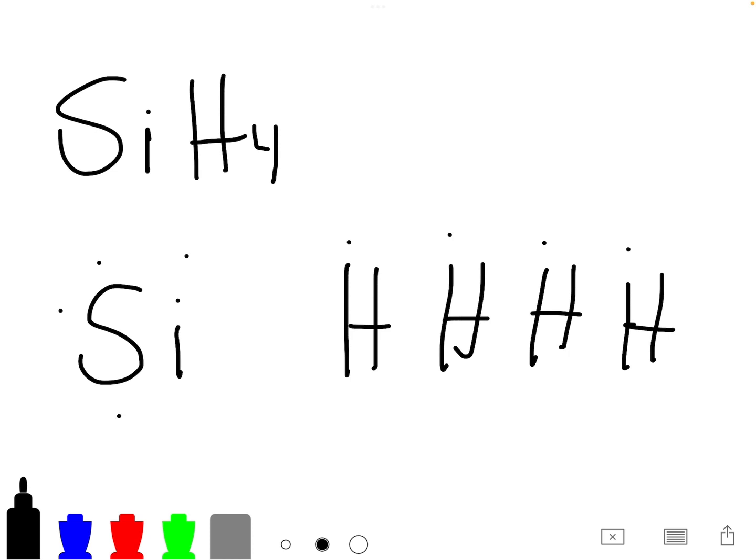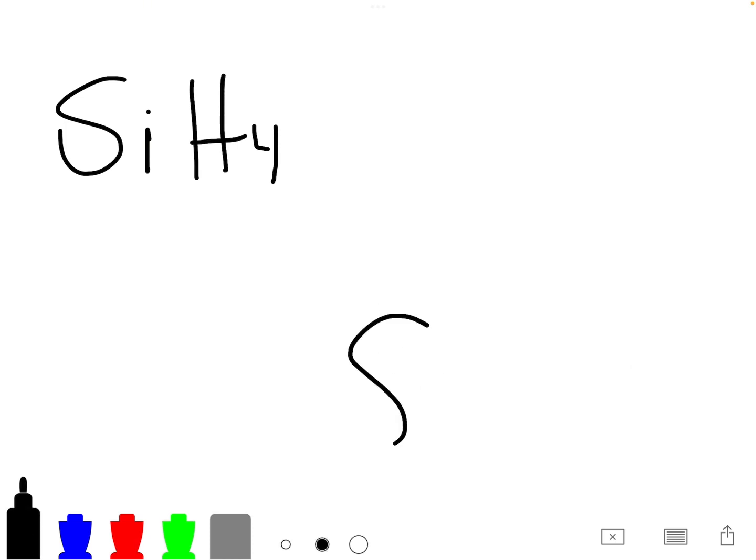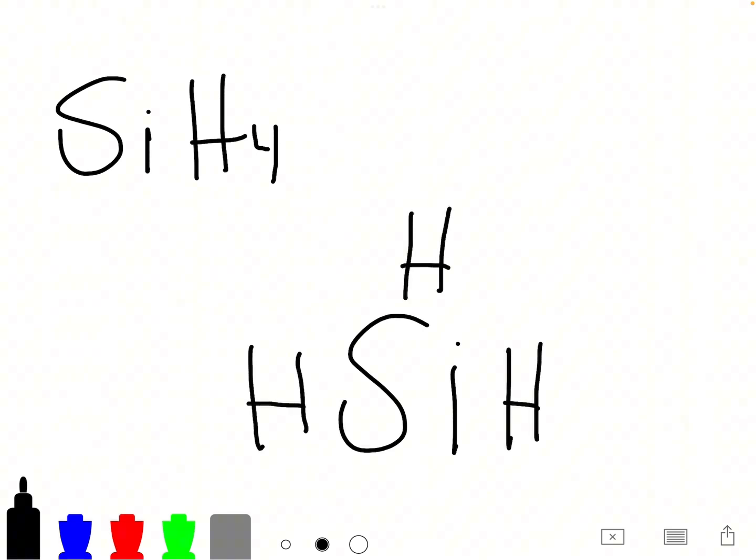And then they will all join together like this. They will all join together like this. This is the dot for the I, by the way. That is how this will join together.